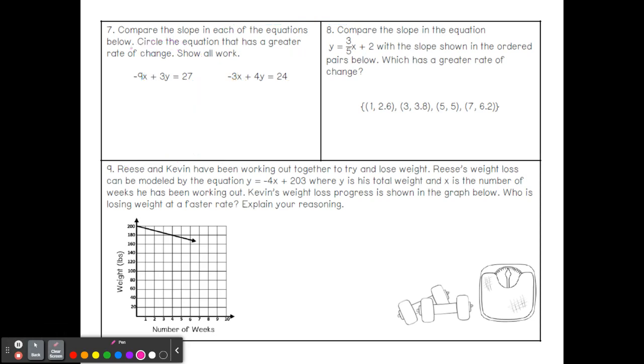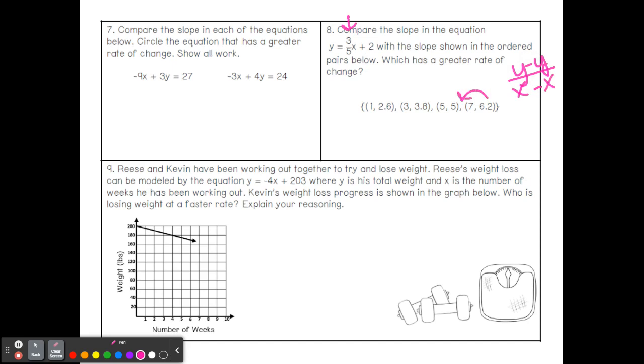Compare the slope in the equation, so we're on number 8, with the slope shown in the ordered pairs below. So we see the slope here is 3/5. So then we have to find the slope in our ordered pairs. You can use any. Remember, with ordered pairs, you're just going to say your change in y over your change in x.